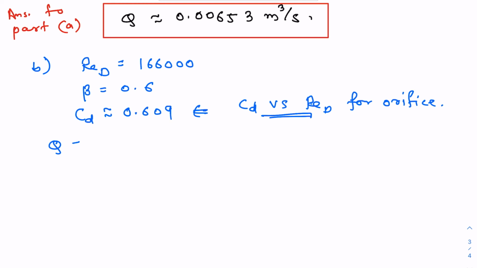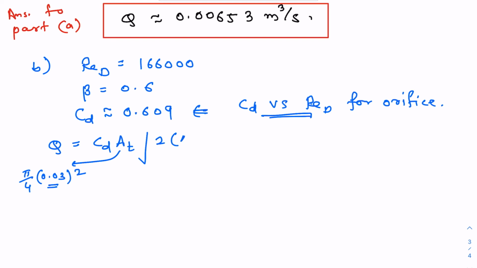The flow rate through an orifice meter is coefficient of discharge times area at throat. So here area at throat is pi by 4 times 0.03 squared, because the diameter at throat is 0.03 meters, and square root of 2 times the pressure drop across orifice.